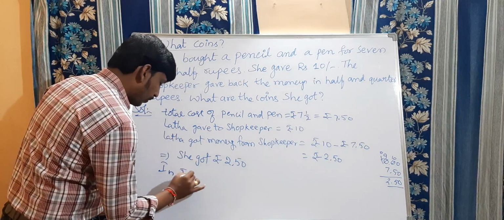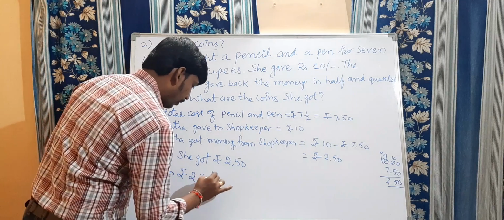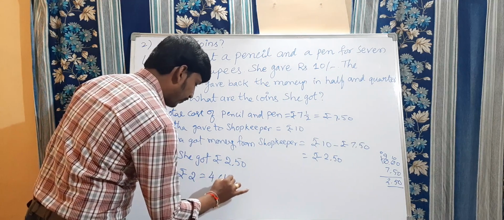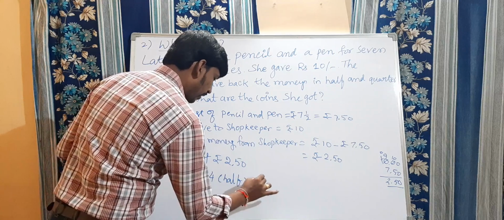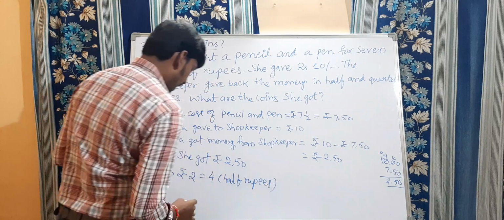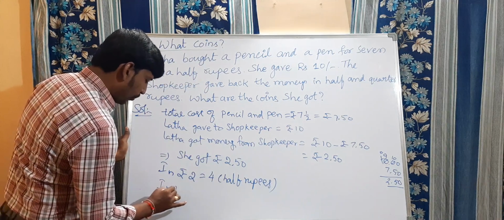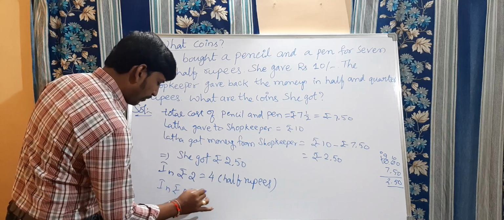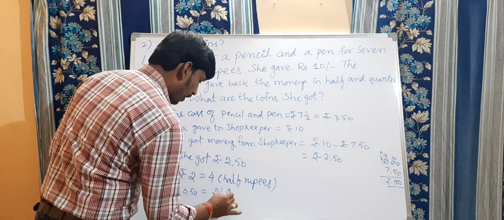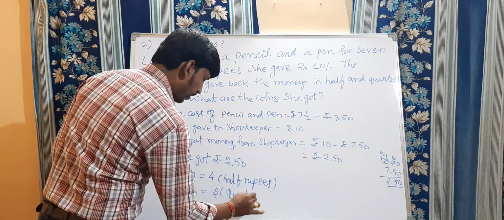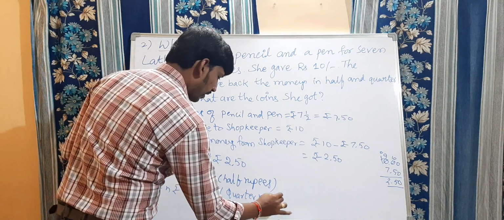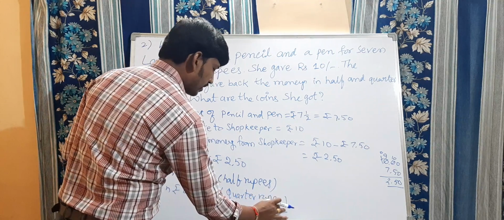Now see this here. In rupees 2 we have 4 half rupees, plus in 0.50 we have 2 quarter rupees. Clear? Is this clear, my dears?